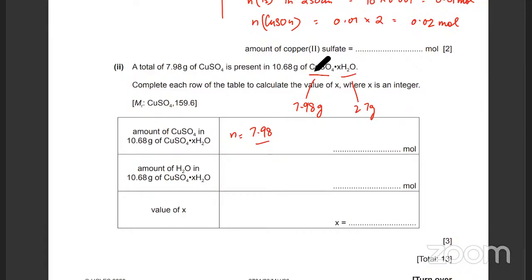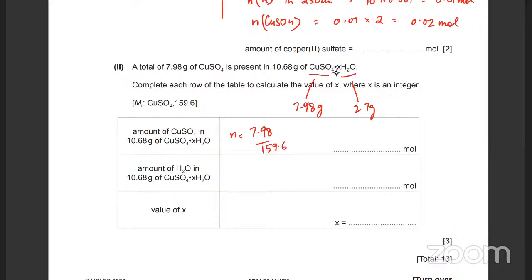So it's 63.5 plus 32, 16 into 4. And also remember, don't use the values that you just remember. Sulfur is actually 32.1. Be as accurate as possible. So what do you get for this? 63.5 plus 32.1, and then you've got 4 oxygens. 159.6.